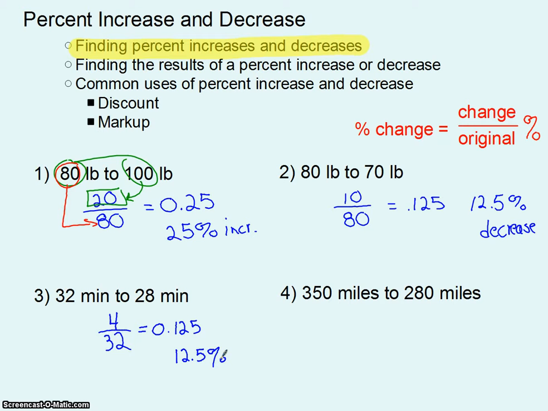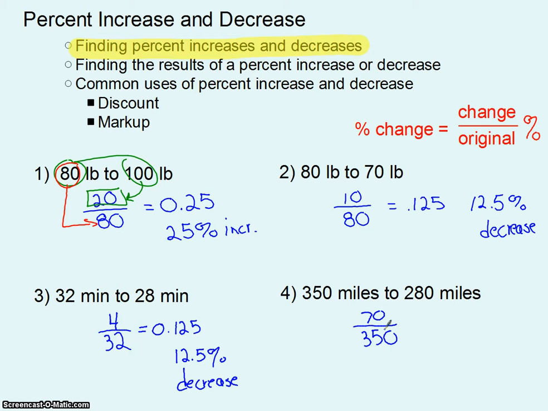And we'll write that as 12.5%. With problem number 4, from 350 to 280, this is a decrease. And you can tell that by simply looking at the numbers and saying, well, they went down, not up. So this one is a decrease as well. It decreased by 70 over 350.